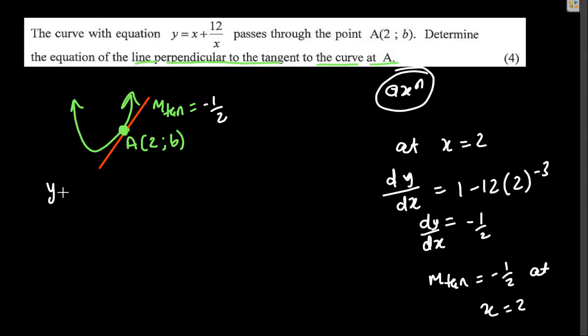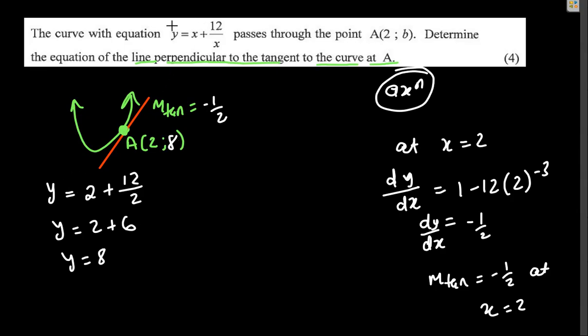So y would be 2 plus 12 over 2. Okay, it's easy to do it with this one. 12 over 2 is 6, so the answer is 8. So therefore our b is 8 there.